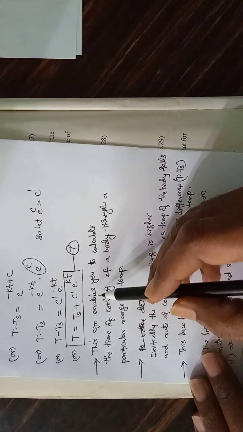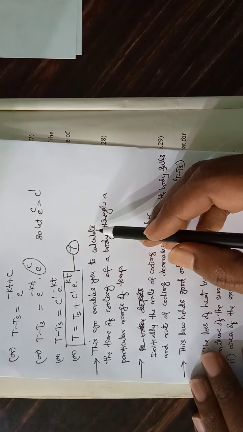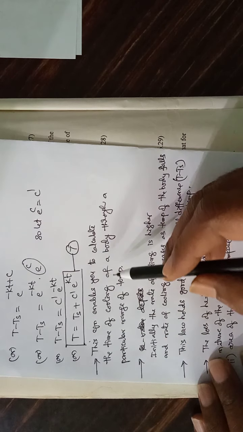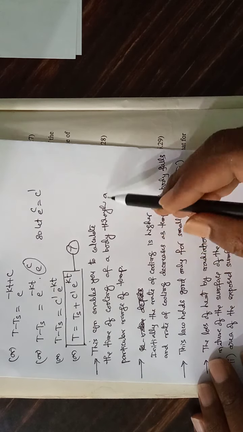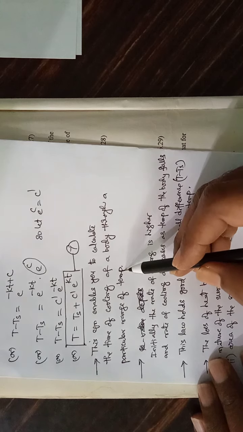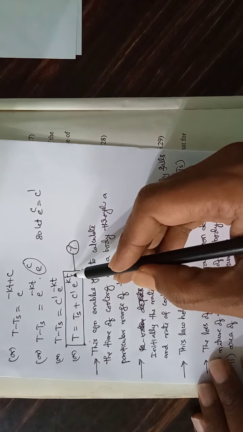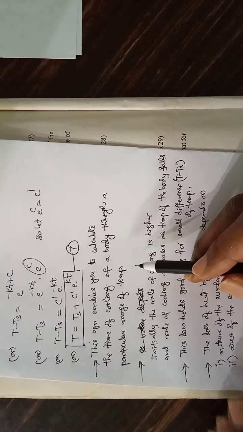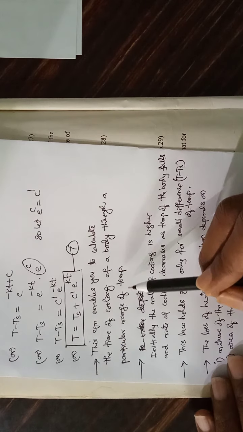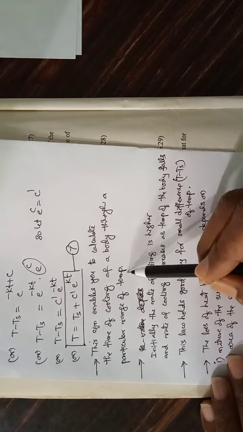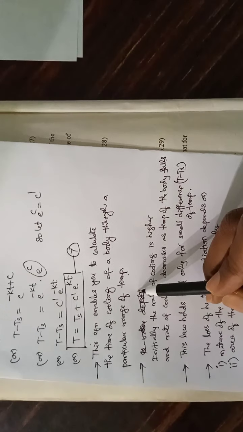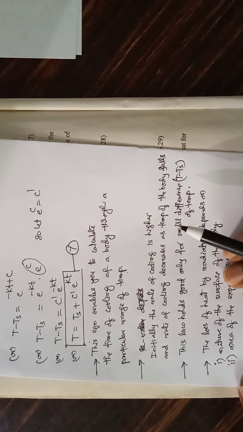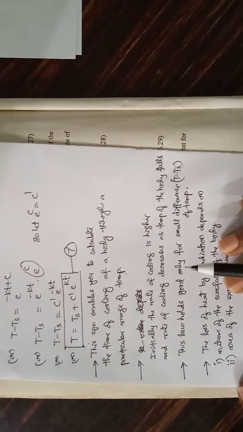This equation enables you to calculate the time of cooling of a body through a particular range of temperature. So this small t is the time of cooling, and T minus Ts is the range of temperature. I have written some important points here.